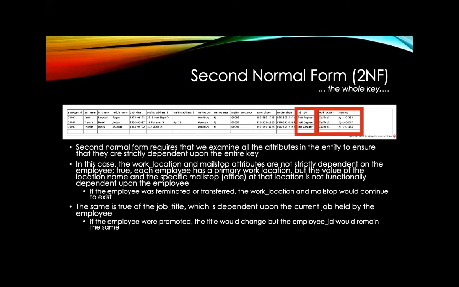But you're exactly right, if the employee was terminated or transferred, the work location and mail stop would continue to exist just as if Rob was never there. So after my kid fires me, somebody else moves into my office and they throw some type of party. Same is true of job title in that case.